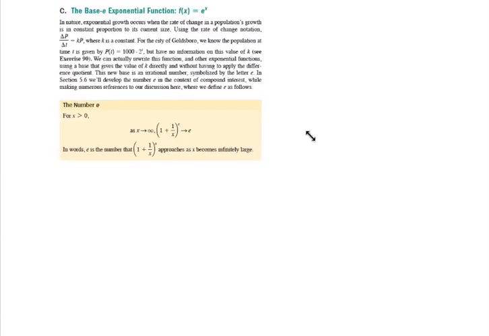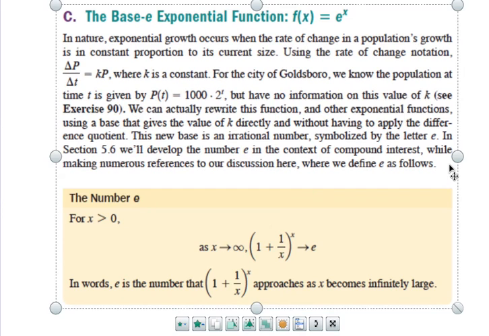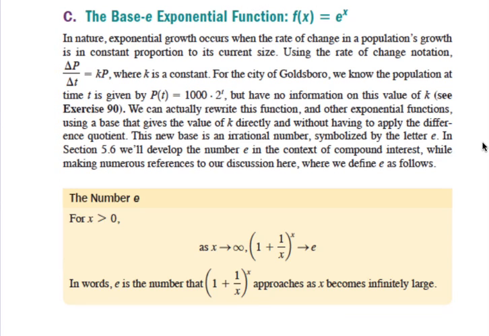Something I wanted us just to kind of quickly look at and talk about. What is E? Okay, E is this number. We kind of talked about it the other day. More specifically, it's this thing we noticed with population growth, it is a constant proportion to its current size, and so this rate of change.